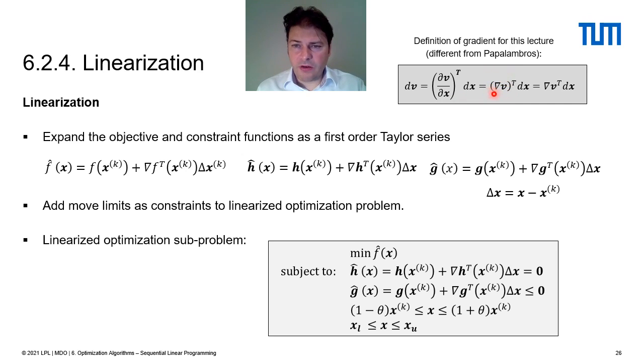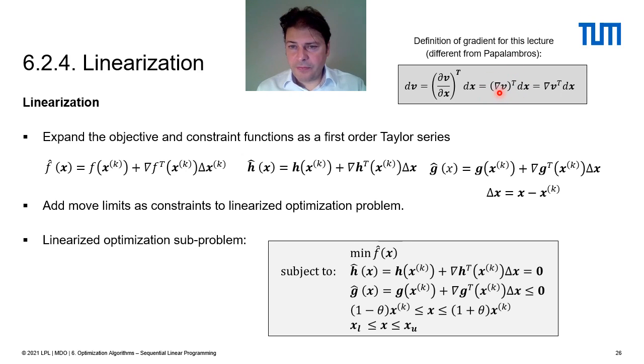Then we call the gradient either dv to dx or nabla v. And we want the gradient to be such that you can multiply it with the x differential, which is a column vector. Therefore, the expression that is in front of your column vector needs to be a row vector.